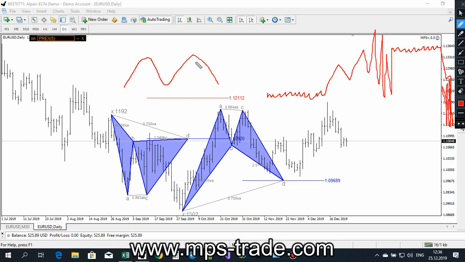I did some filtering. I created a special robot that will be placing these netting trades based on MPS patterns. The robot itself does not draw any patterns. It simply executes trades. It's not needed to draw, and it does this absolutely automatically. And I did some testing, and because of filtering, it filters this stuff, and it only exploits these periods.